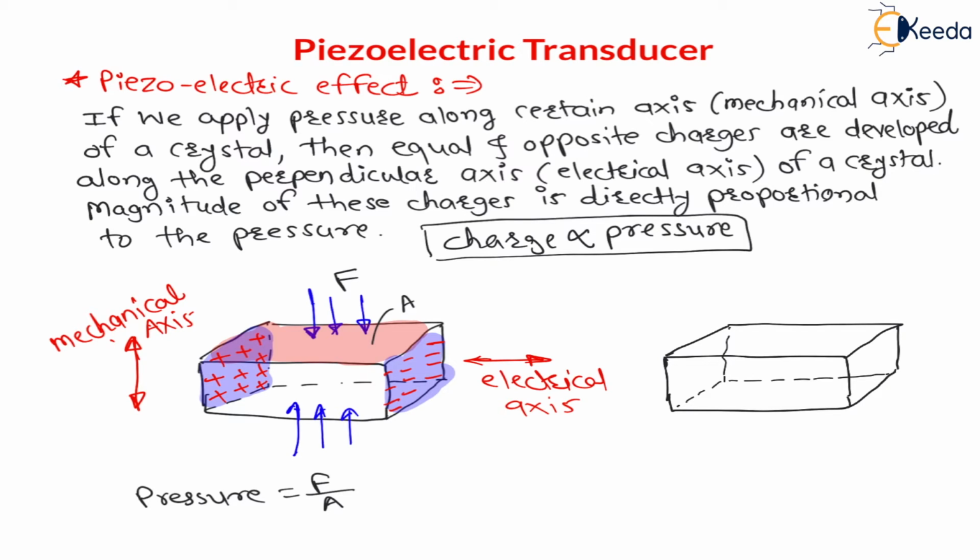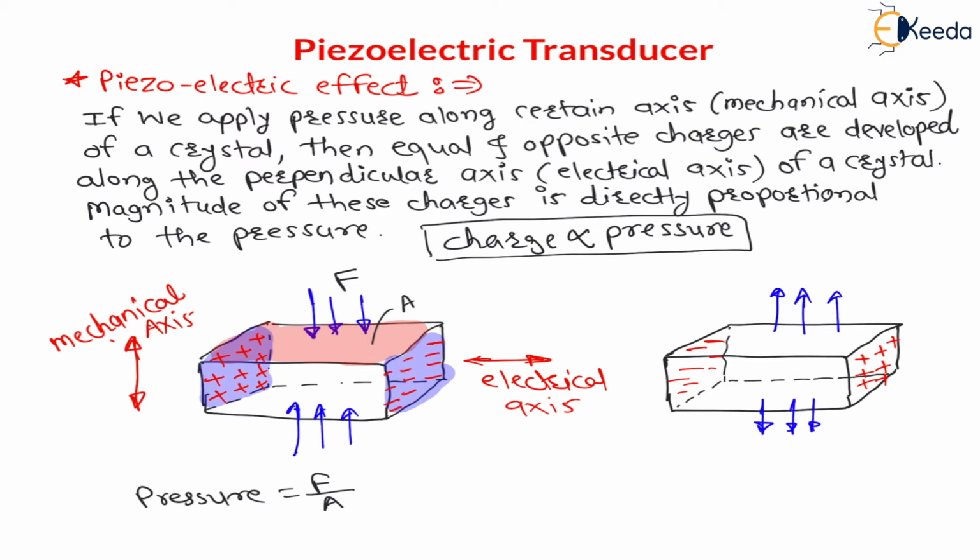Let us say if I apply forces like this, because of these forces the mechanical axis will enlarge, or the dimension of the mechanical axis will increase, and the direction of the electric charges will change, the polarity will change. Means there will be a positive charge on the right face, and a negative charge on the left face, right?